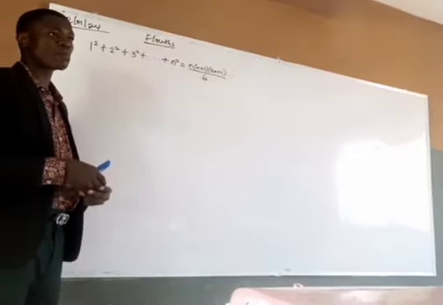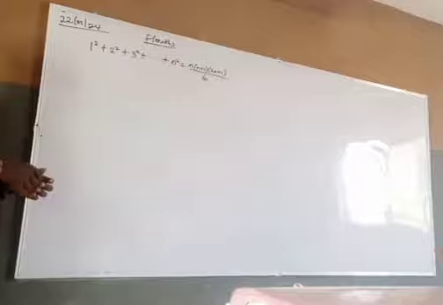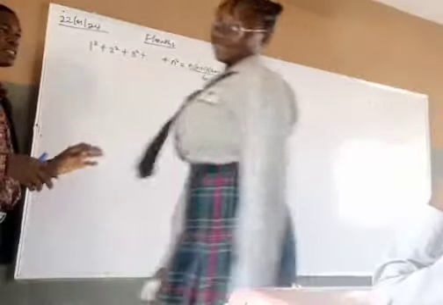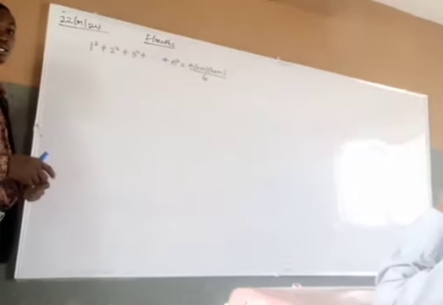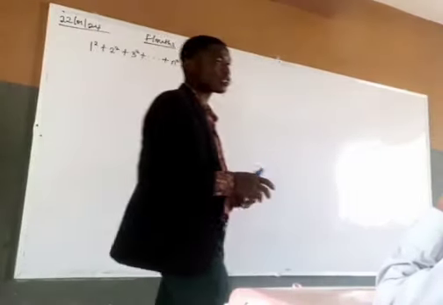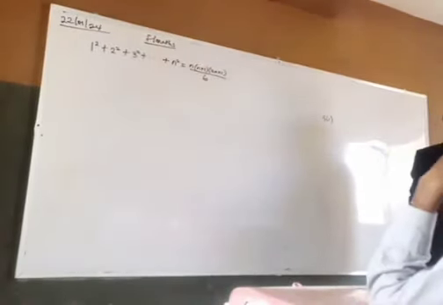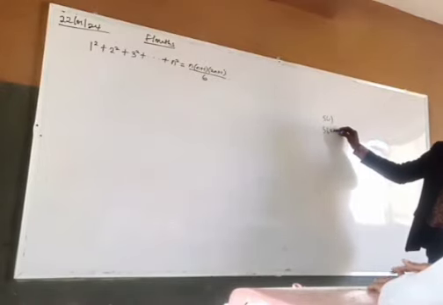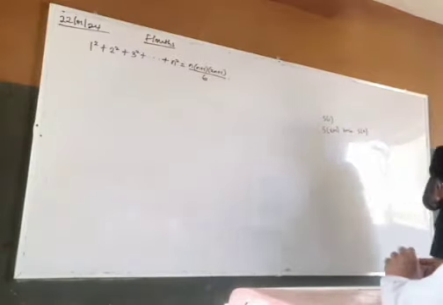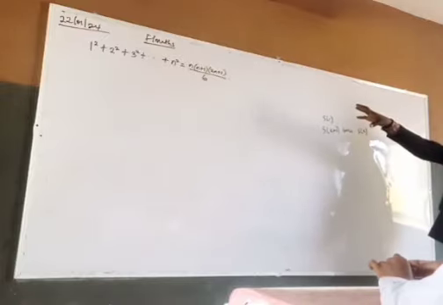So what is the principle of mathematical induction? It states that this formula will be true for all natural numbers if it is true for S of 1, and it is true for S of k plus 1 based on the assumption that S of k is true. That's what you have, right? Yes, sir. So that's what we are going to use to show this now.